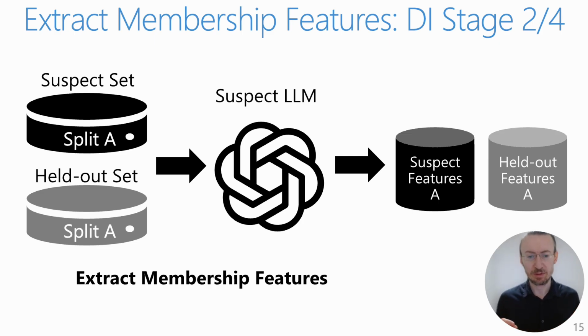And then if we observe that our LLM is very, very confident on predicting the next tokens from our suspect set, then this might be an indicator that the LLM was trained on this data. So we extract many such features, called membership features, from the LLM.